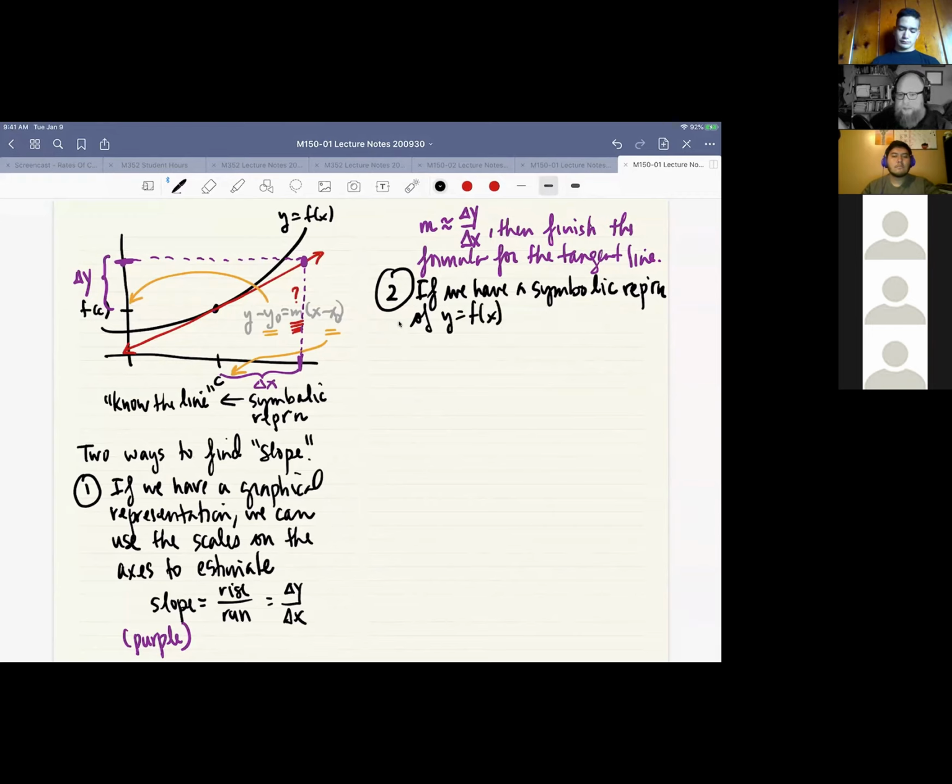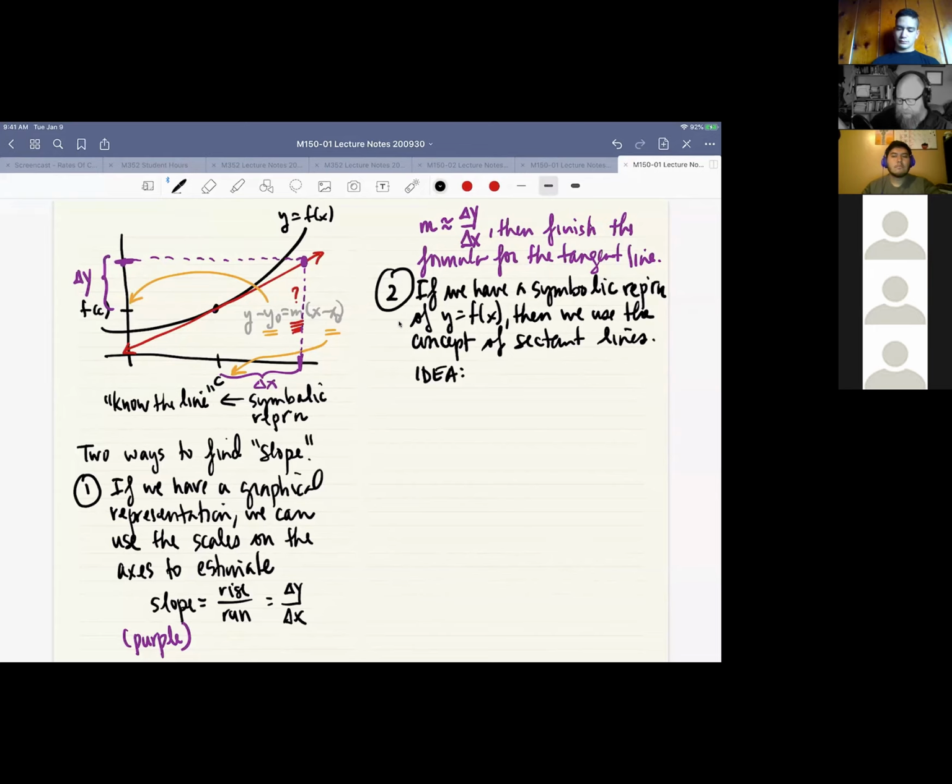Then we use the concept of secant lines that I talked about last time. Okay, so here's the idea.